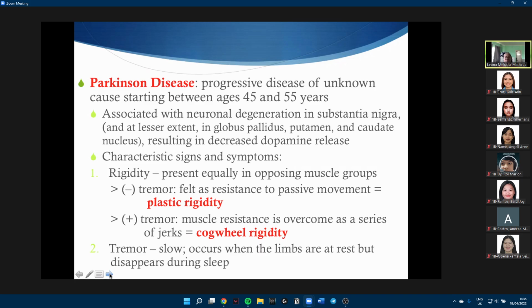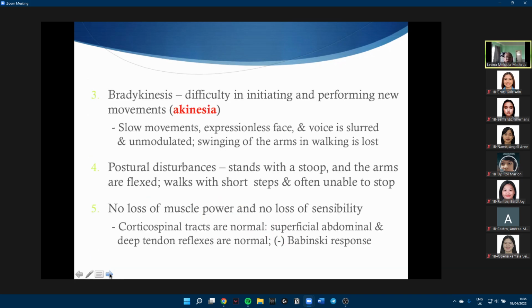Where the tremor is usually slow and occurs when the limbs are at rest and usually disappears when the patient goes to sleep, no? So ito po yung mga nakikita nating matanda, nakaupo, tapos gumagalaw yung mga kamay, no? Nagtitwitch yung kamay. Okay? So these are what you see, no? Another thing is what we call bradykinesis.